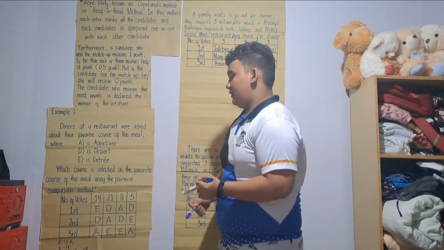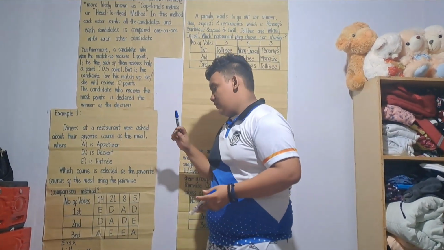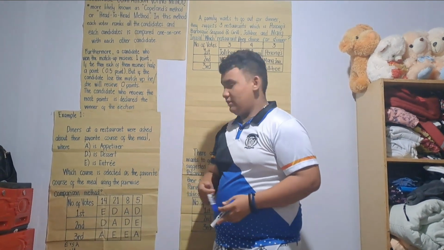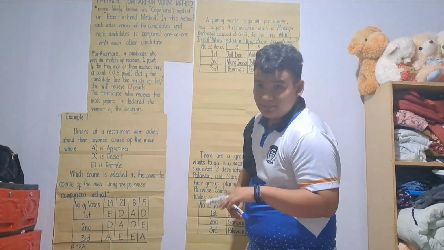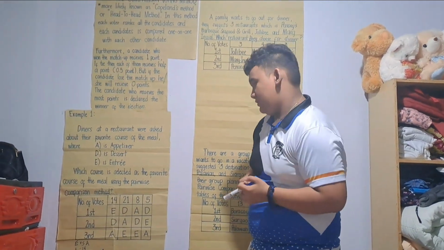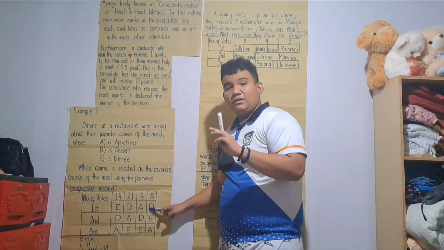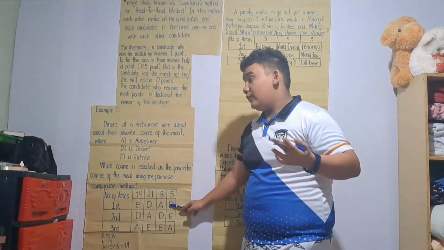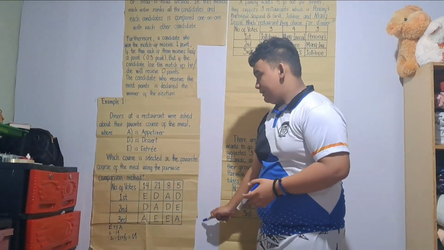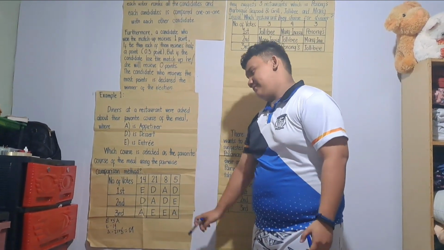In the third column, there are 8 voters who prefer appetizer, then dessert and entree. The last column has 5 voters who prefer dessert as the favorite course of the meal, then entree and appetizer.